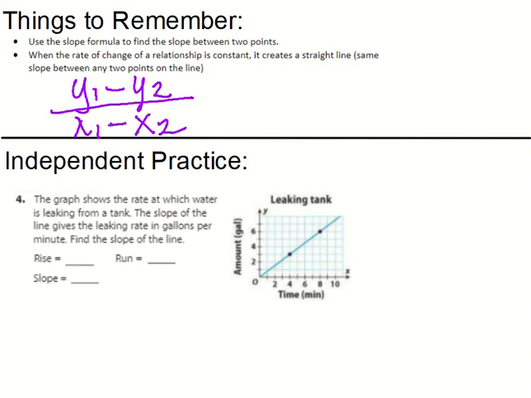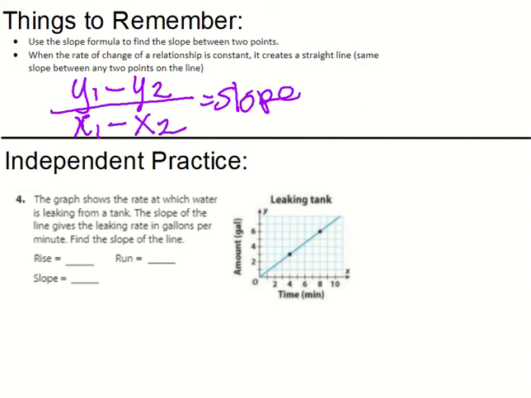So that's the slope formula. That's going to give me slope. That's change. And when the rate of change is constant, it creates a straight line, the same slope between any 2 points on a line. So that's us finding the change, as I'm just subtracting. And that's what I did on that table. If you want to go back and look, I was subtracting some y's and some x's.